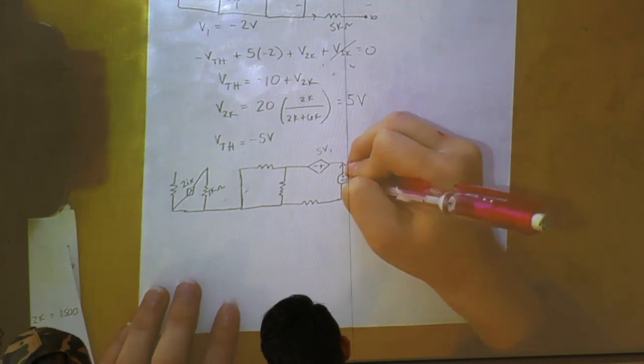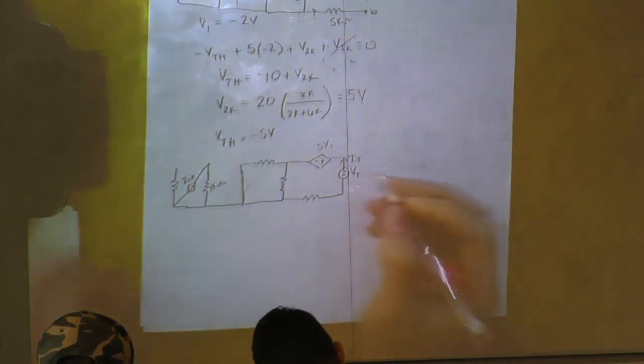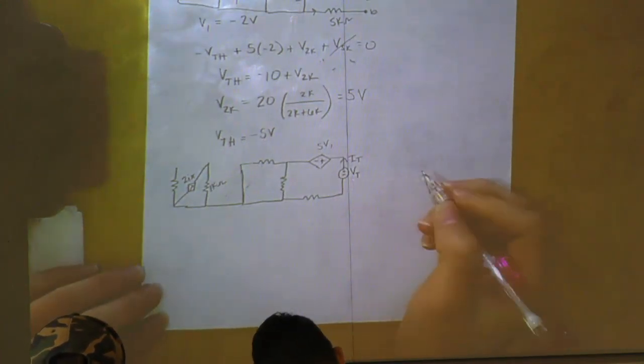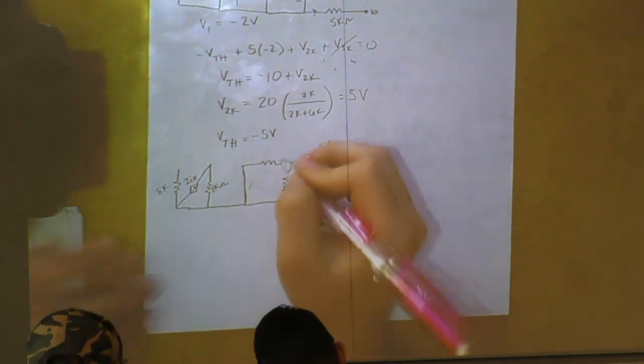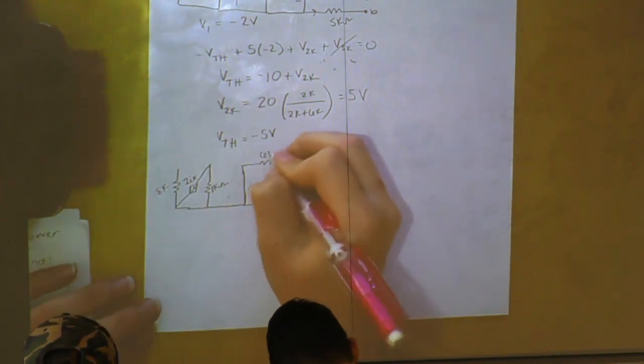For your test, you want your IT coming out of the voltage source. And then this is our 8K, 1K, this is 6K ohms.